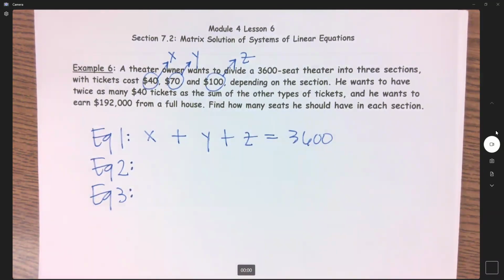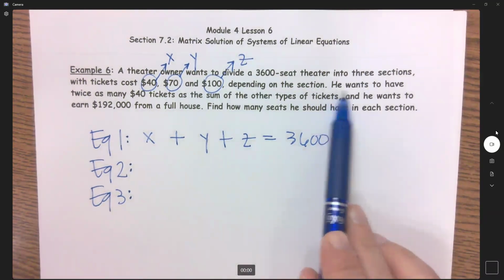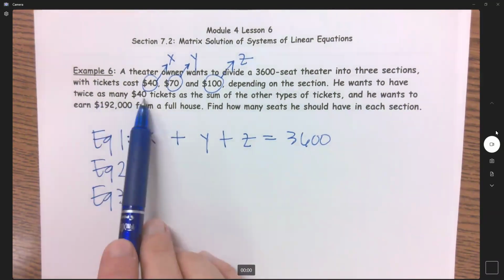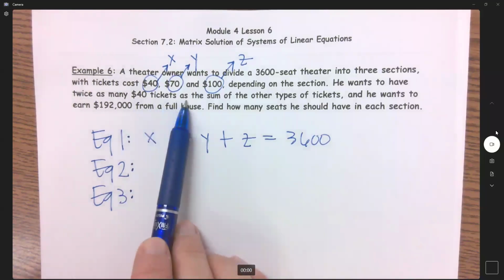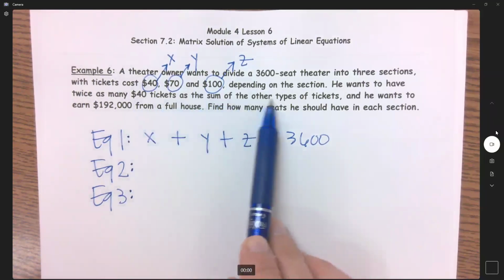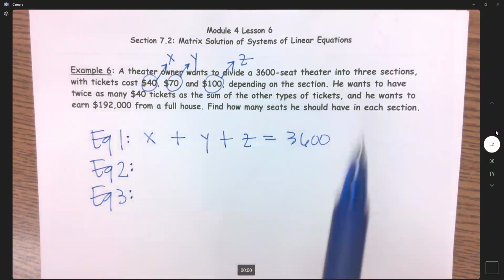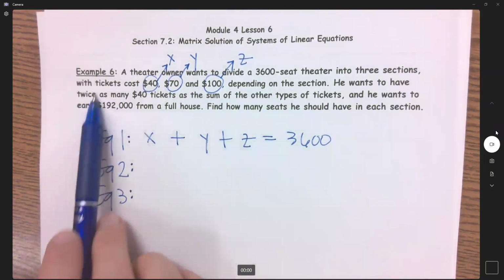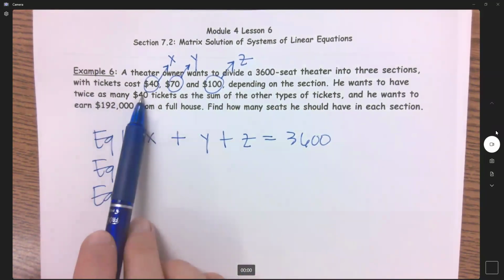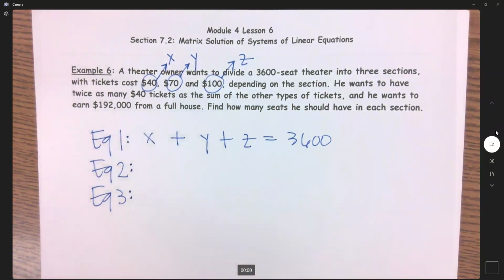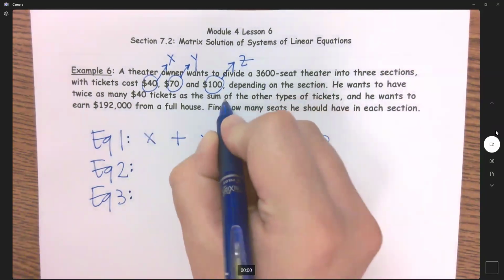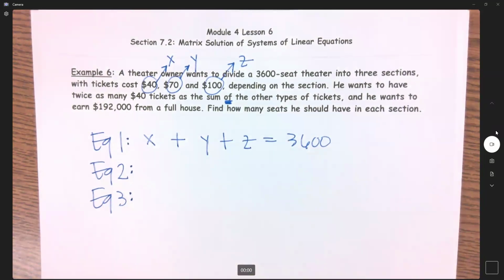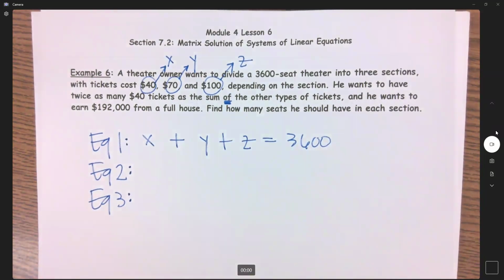My second equation might be the most confusing of all. I had to reread it multiple times. It says he wants to have twice as many $40 tickets as the sum of the other types of tickets. What's confusing is where this twice is. We want to do 2x because these are right next to each other, but this word "of" right here usually means parentheses.